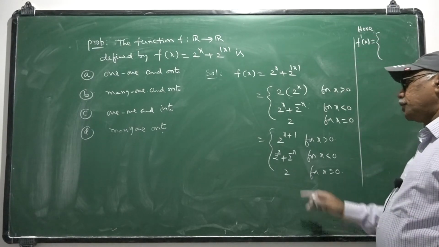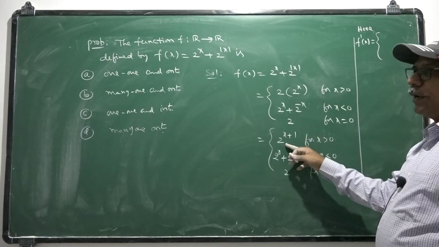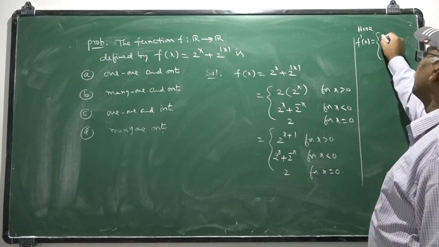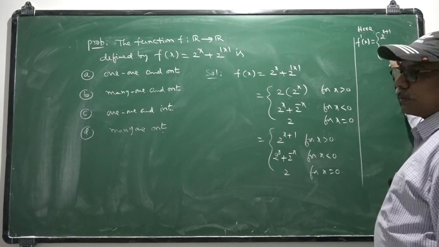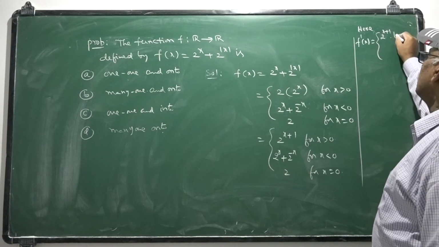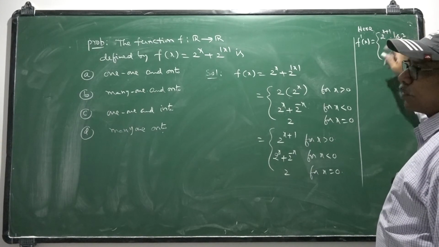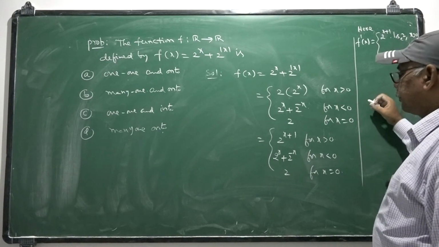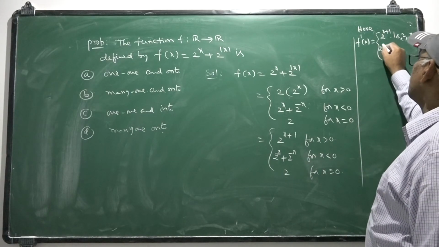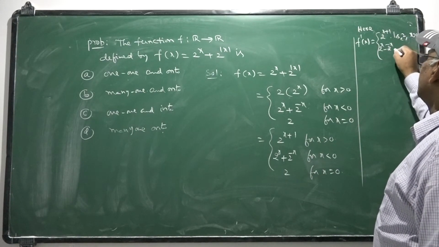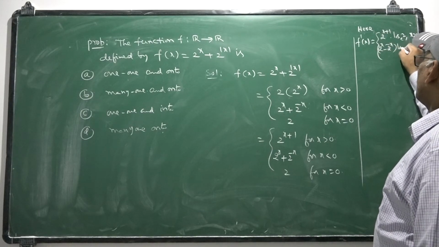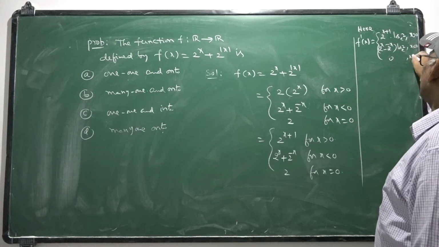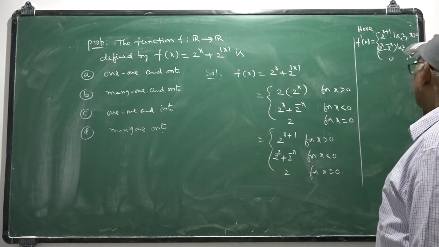Taking the derivative, for x being positive, the derivative of 2 power x plus 1 is 2 power x plus 1 into log 2 to the base e, and the derivative of x plus 1 is 1. For x negative, it is 2 power x minus 2 power minus x into log 2 to the base e, and it is 0 for x equal to 0.